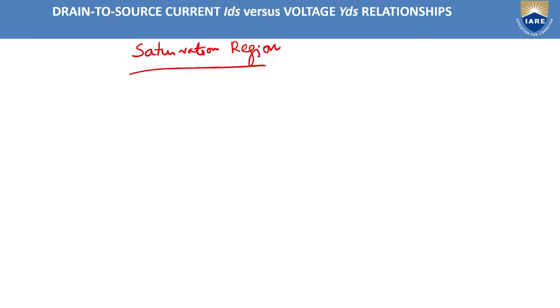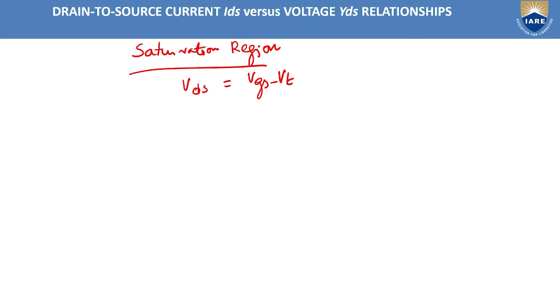Saturation region begins when VDS is equal to VGS minus VT. So in the above equations, if I write VGS minus VT in place of VDS, then I'm going to get the derivations for the saturation region. So the equations are like this for the saturation region.